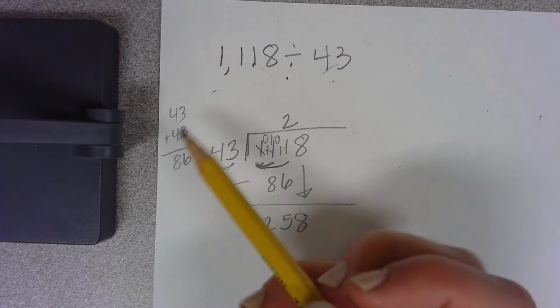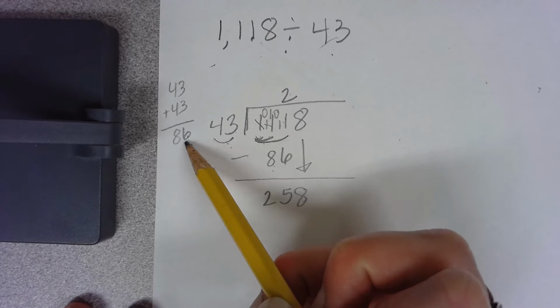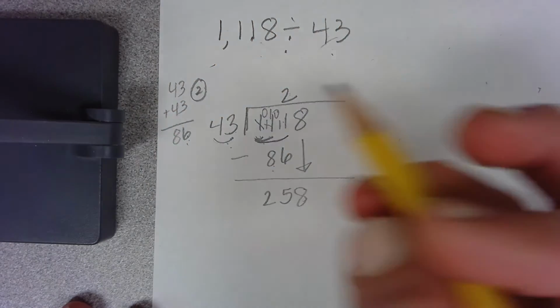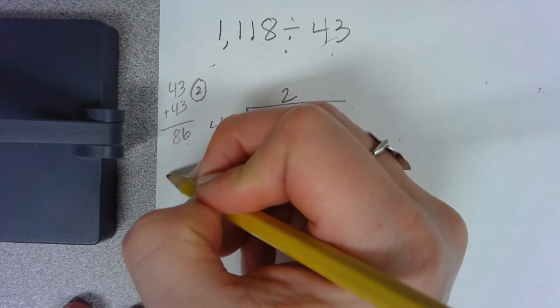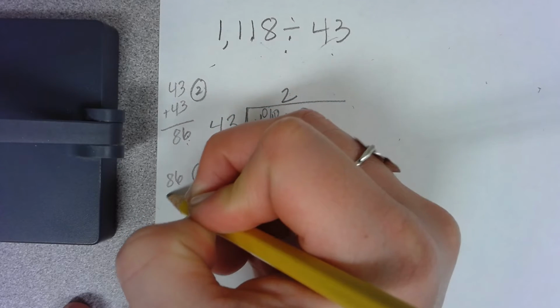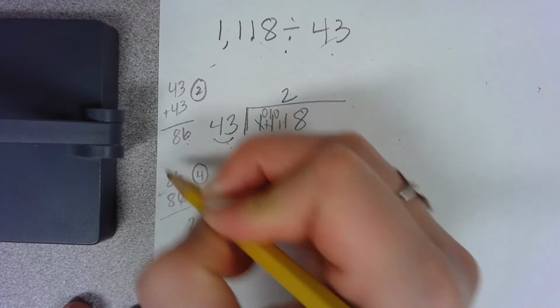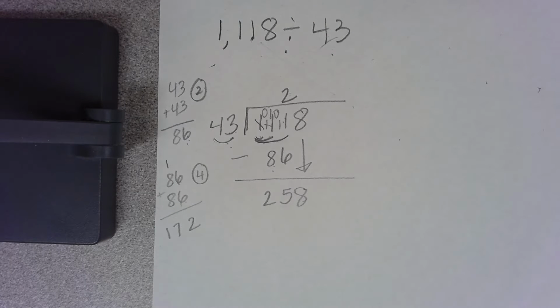And I know that 2 of them equals 86. So I can think about if 2 43s equal 86, how many would 4 43s equal? So I can do 86 plus 86 and see what I get for that. 6 plus 6 is 12. 8 plus 8 is 16, 17.